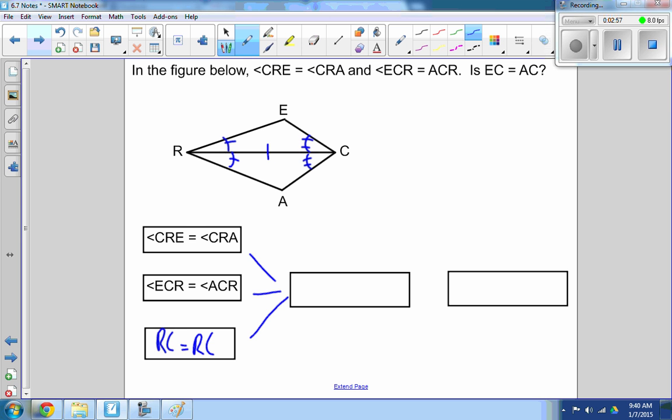These three prove that triangle REC is equal to triangle RAC. We did that by angle, side, angle. And then through corresponding parts of congruent triangles are congruent, we prove EC is equal to AC.